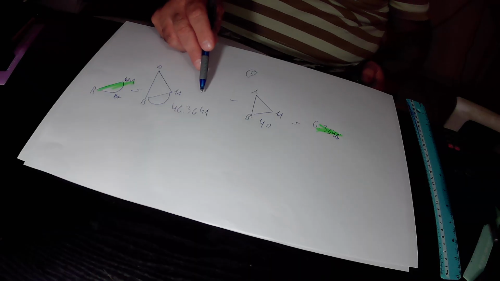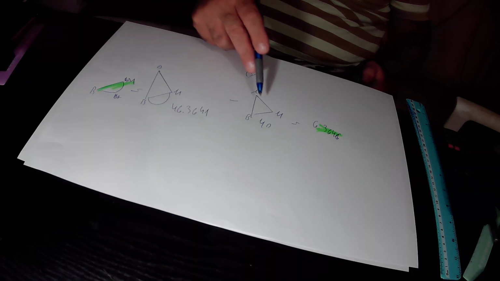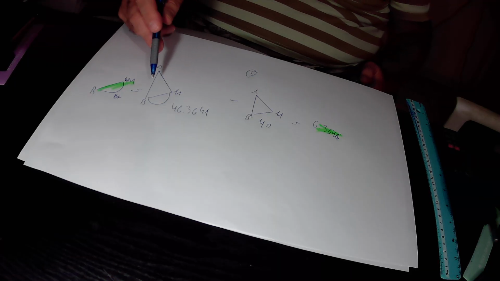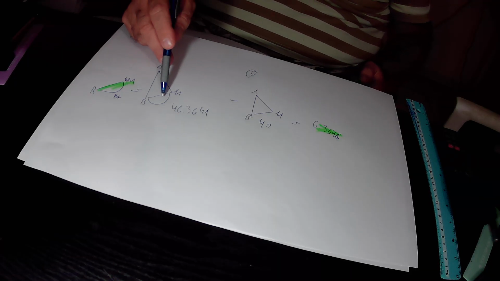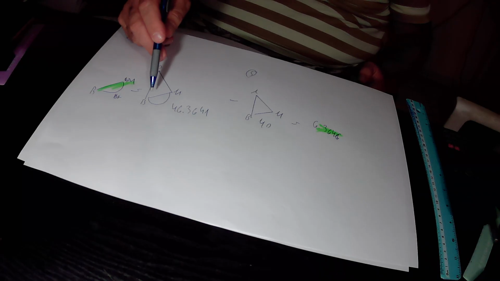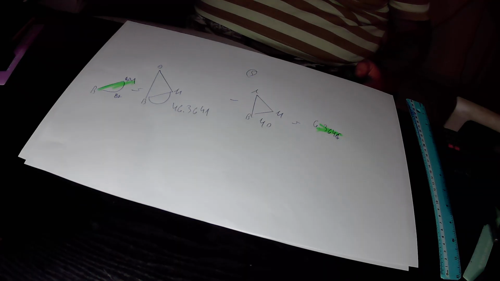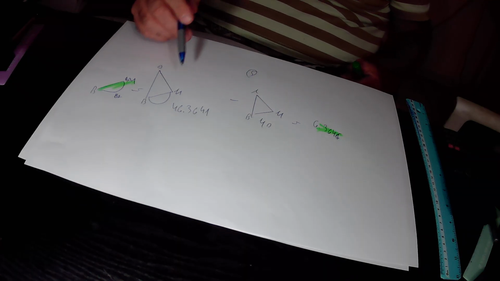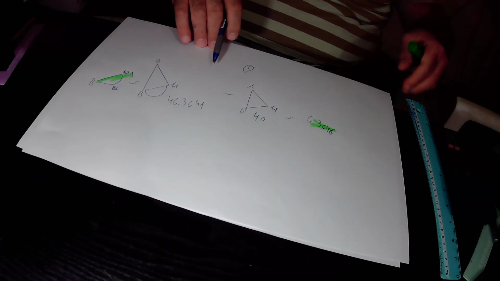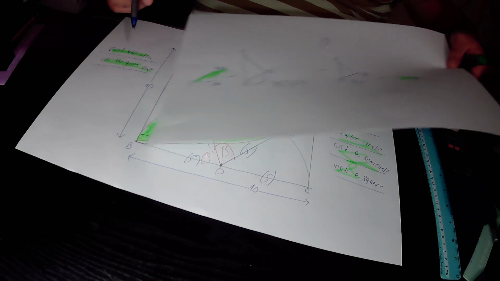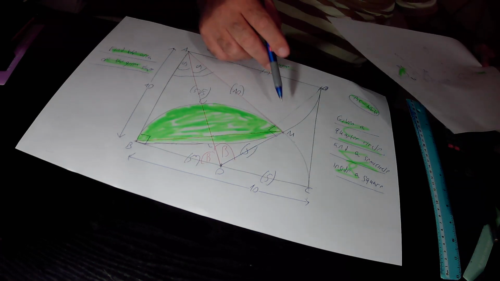So 46.3641 minus 40 is the area of this segment MBLM, which is actually 6.3646 square units in its size. And we have to add to the area of this lower segment BLM the area of this upper segment BUM.